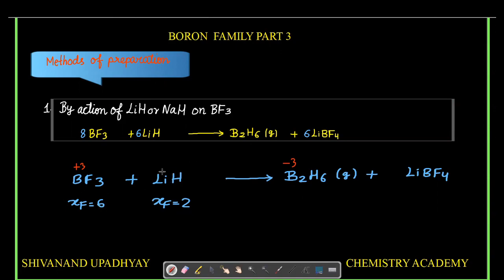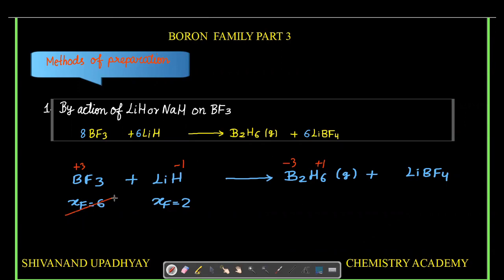In lithium hydride, Li plus and H minus, hydrogen is present in -1 oxidation state. So from -1 oxidation state here, it is going to +1 oxidation state, since in B2H6 all the hydrogen atoms are in +1 oxidation state. So it is losing 2 electrons. Lithium is not changing its oxidation number. So the X factor of this molecule will be 2.